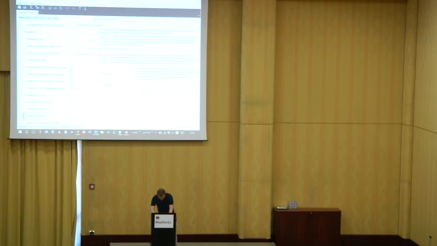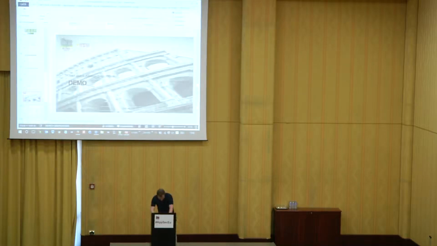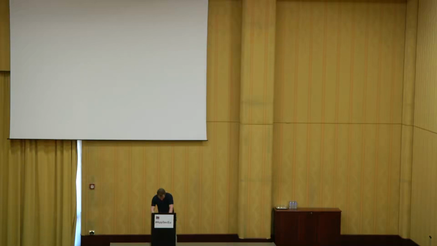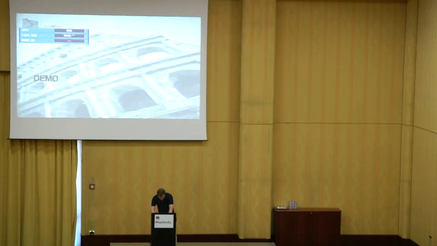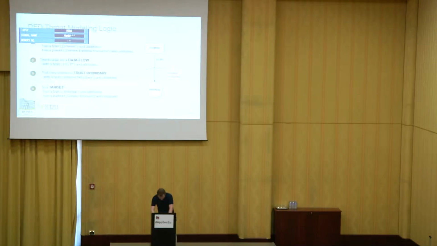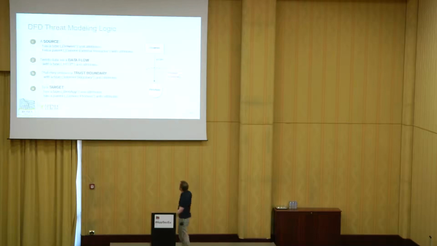For that, to explain it a bit better, I need to show you a slide. So this is how the logic works. You always have a source that can be a specific stencil, for instance, a browser, or a parent, which in that case is a generic external interactor that you can map the logic to. And then you have a data flow.